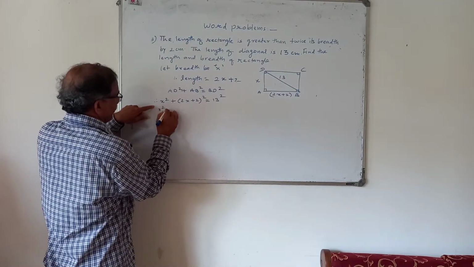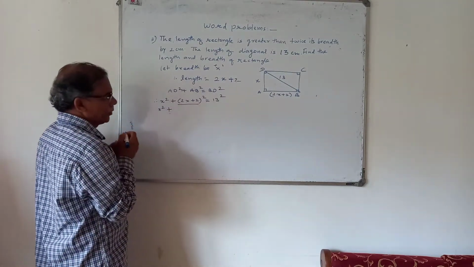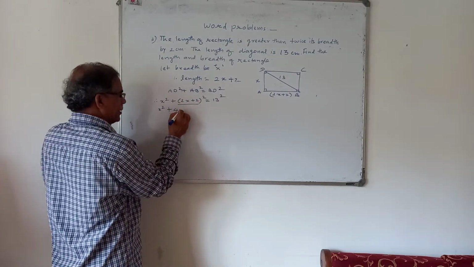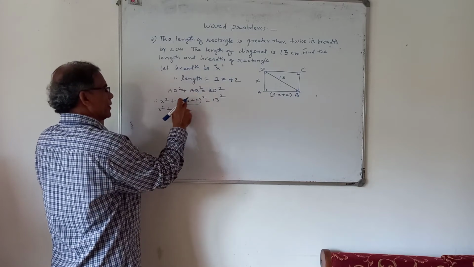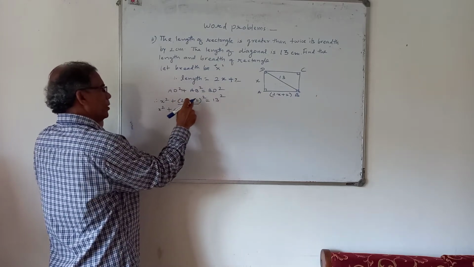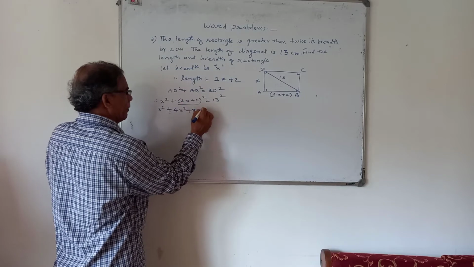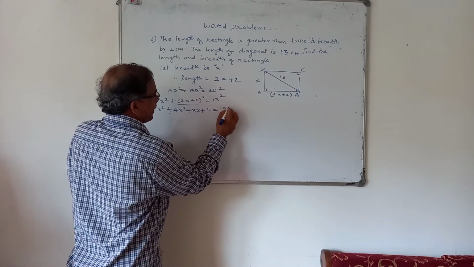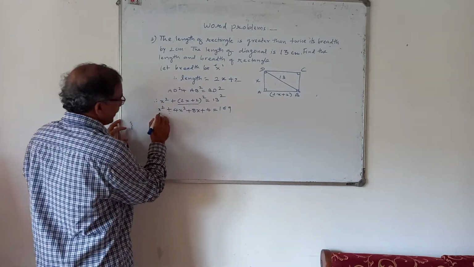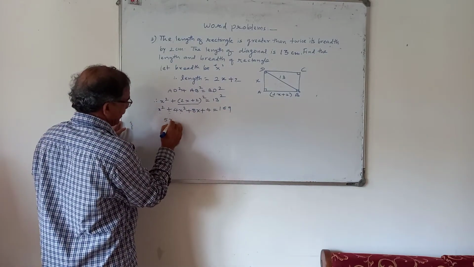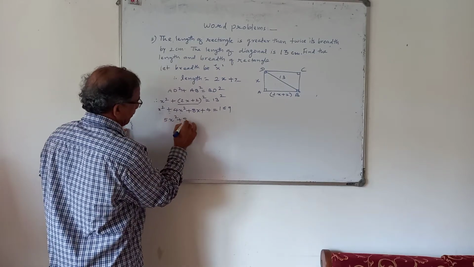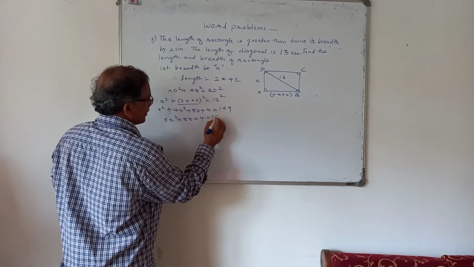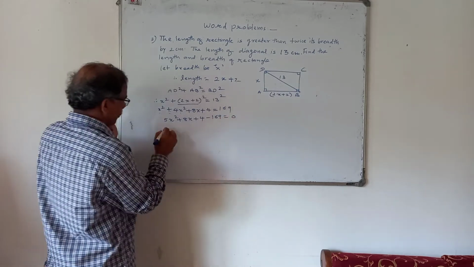So x square plus, now you have to use the identity a plus b whole square. First term square, 2x whole square is 4x square, plus 2 into first term into second term, 2 into 4 is 8, 4 into 2... plus second term square, 2 square is 4, is equal to 13 square, 169. Now x square plus 4x square will get added, plus 8x, plus 4, minus 169 is equal to 0.